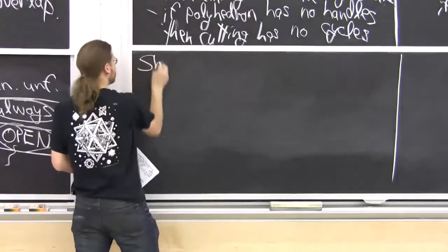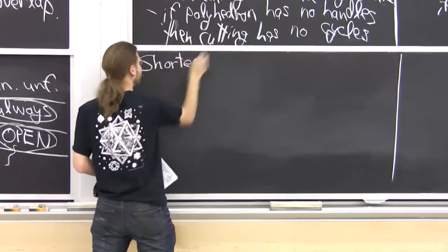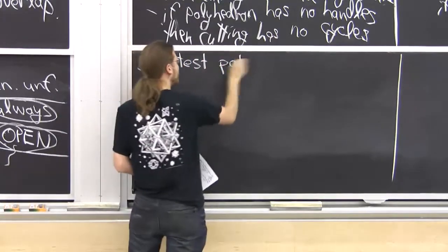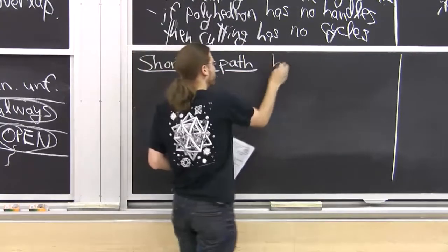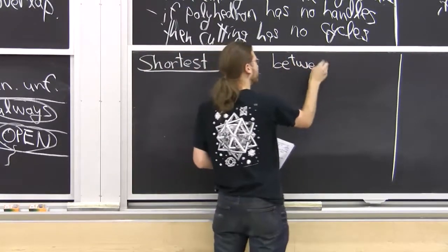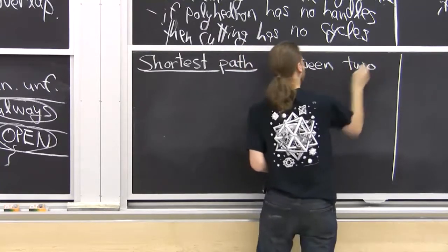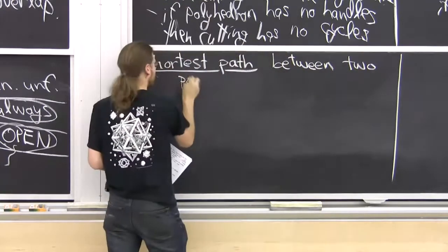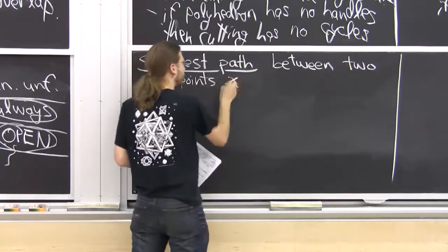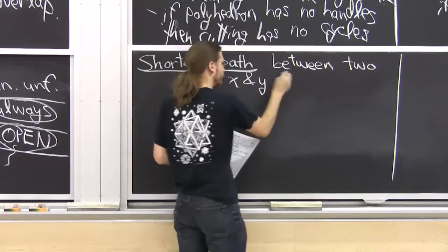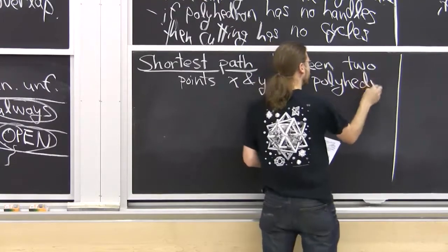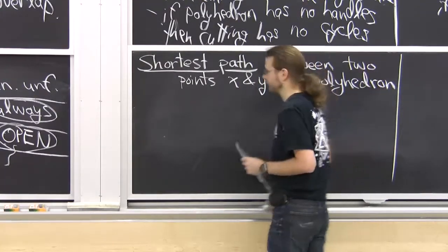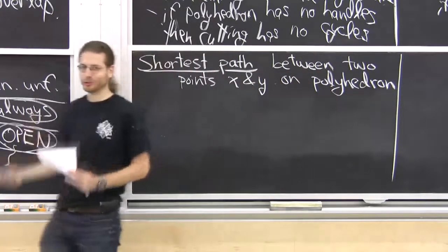And to do that, there's a bunch of solutions to this problem. They all use the idea of shortest paths. Shortest path is a path that's shortest.